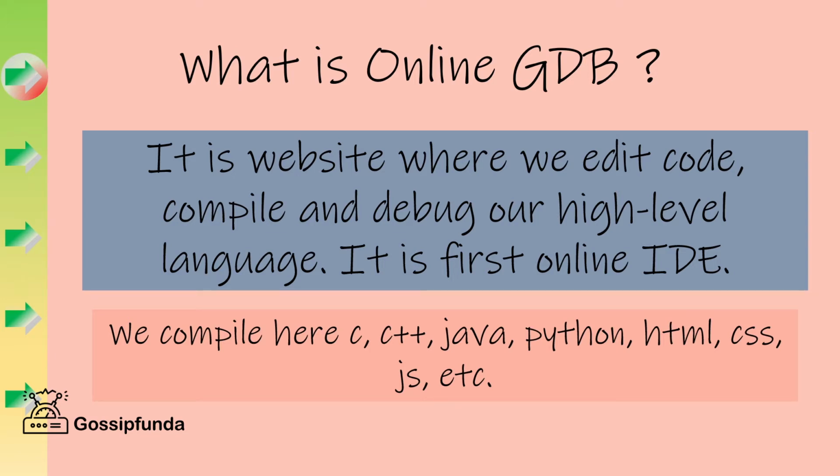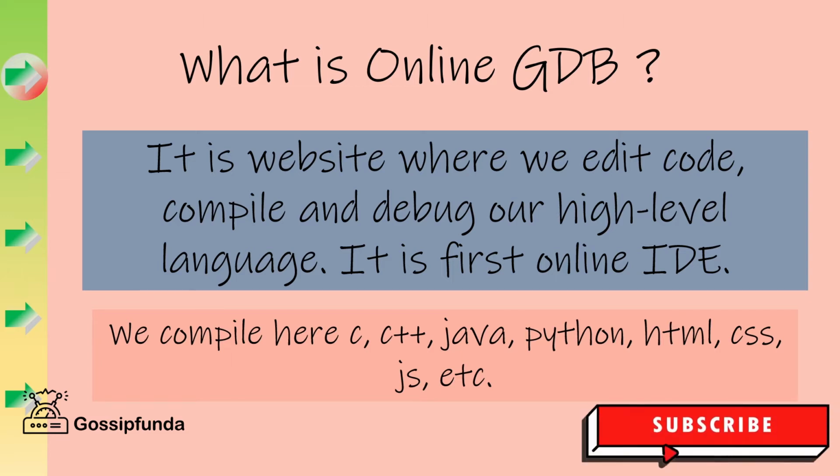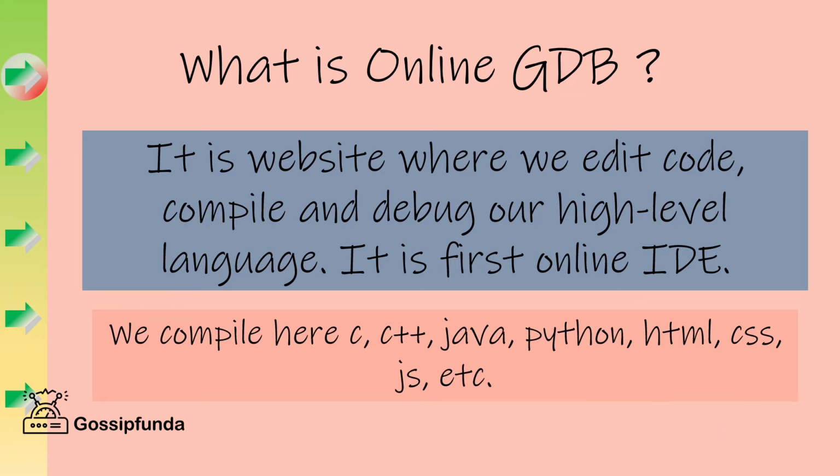We compile here or edit code and debug like we generally use our development tools, in languages like HTML, CSS, C, C++, Java. All these languages we can edit in our online GDB platform.